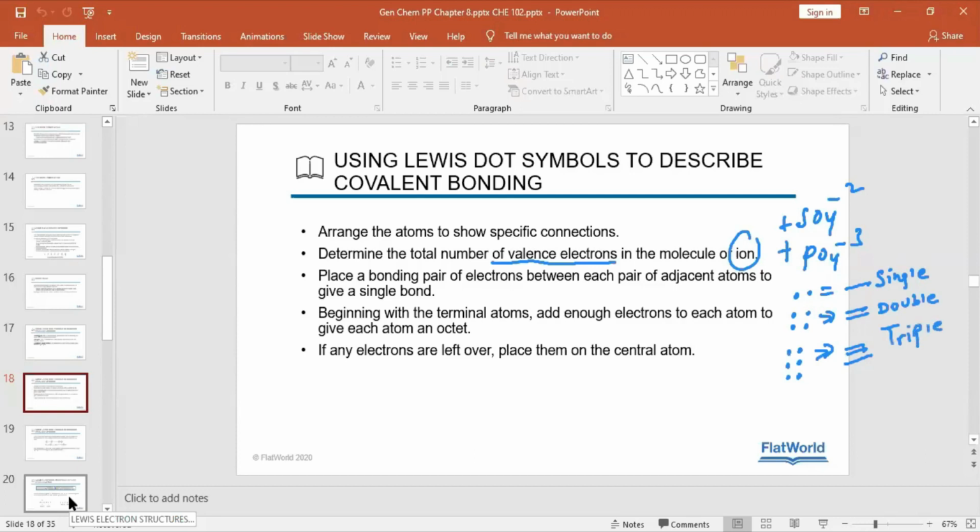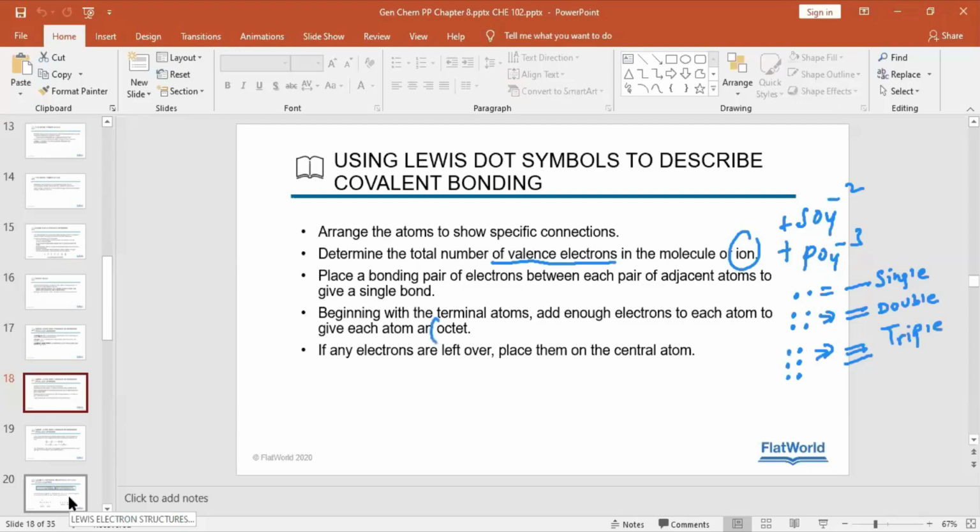Now, single, double, or triple is also a function of how many electrons are participating in terms of connections, to show the geometry of the molecules. Beginning with the terminal atoms, add enough electrons to each atom to give each atom an octet.